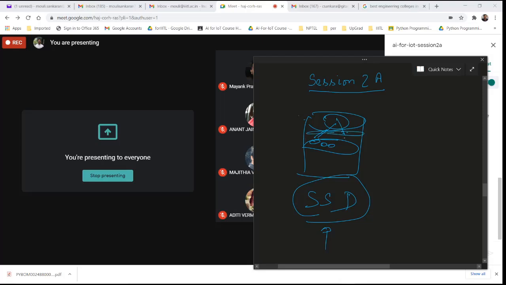SSD doesn't have any moving parts, so you can access any part of the SSD memory very easily. So hard disk access and SSD access are totally different in the way they are structured.